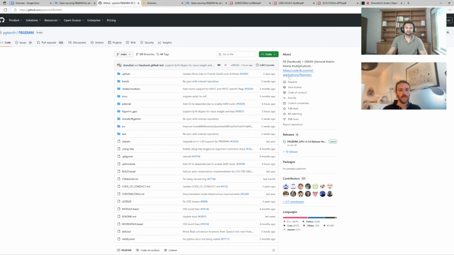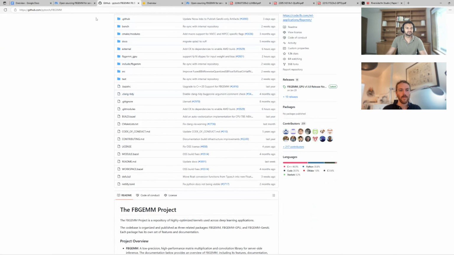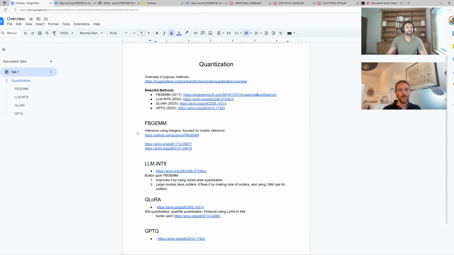Now it's under PyTorch, so it's a very popular library. The reason I bring this up is that int8 builds upon FBGEMM. They say we do this and then we improve FBGEMM. So this is a very popular library, and there are two papers that describe FBGEMM.